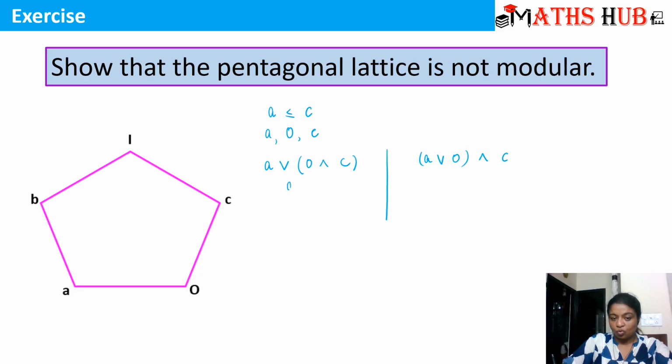It is O. And what is A join O? It is the empty set. You cannot join A and O, they are lying on the same line. Similarly, what is A join O? It is the empty set, meet C. So it is what? I cannot further find it out because phi is not present in this element. So this is showing that it is not modular.